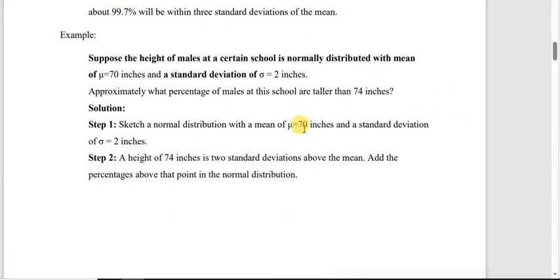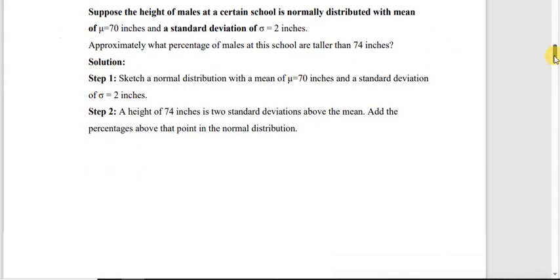The mean is at the center, and the data is spread 2 inches per standard deviation from the mean. So the first standard deviation will be at 72, and the second standard deviation will be at 74. So what does that tell us? That tells us that 74 is located on the second standard deviation.